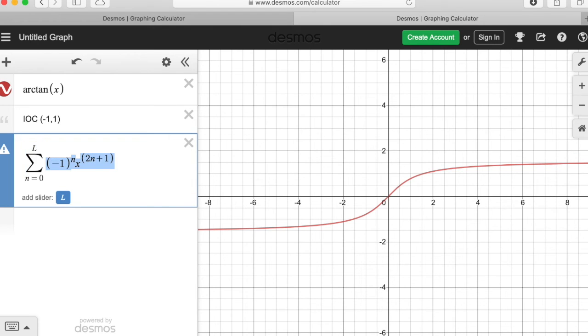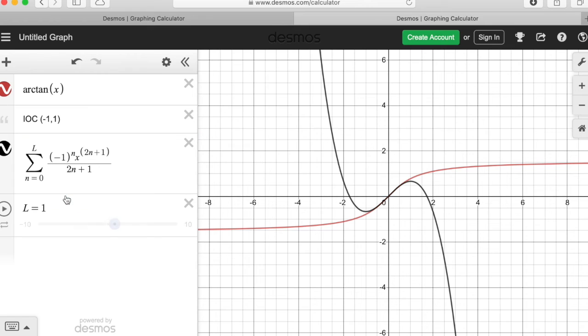We're going to put all of that over 2n plus 1. And I'll get my slider. Let's go from 0 to, say, 20. That's good, too. And let's look at this.